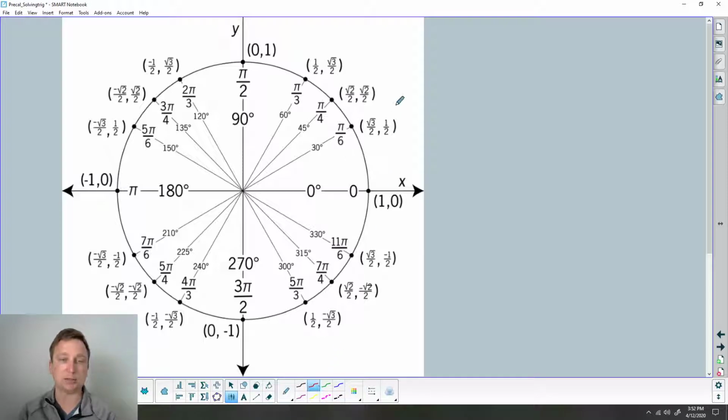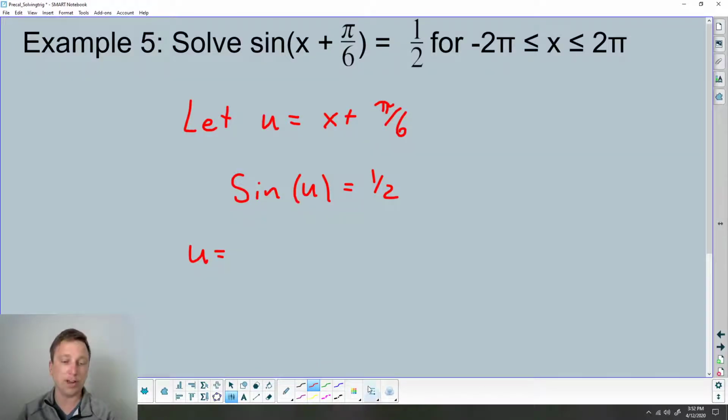The y value of this ordered pair is 1/2 at pi sixths and 5 pi sixths. So our u values, the solution to this, are pi sixths and 5 pi sixths. That is for values between 0 and 2 pi.